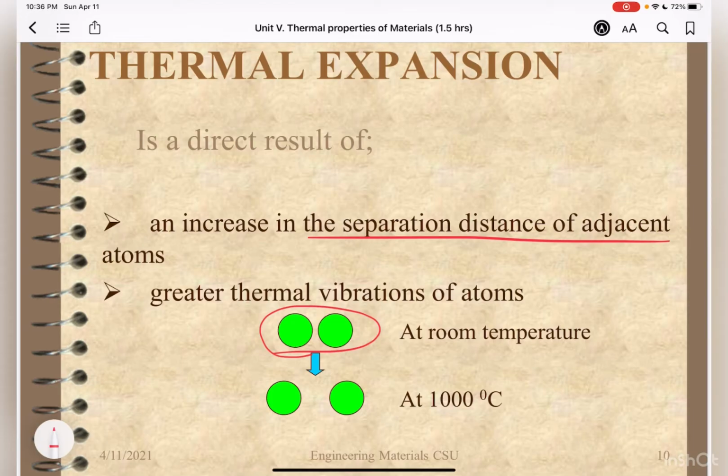Now, if we heat that, there would be vibrational energy, and you have a farther distance between two atoms at 1000 degrees Celsius. So it's the separation distance. From an atomic perspective, thermal expansion is reflected by an increase in the average distance between atoms.